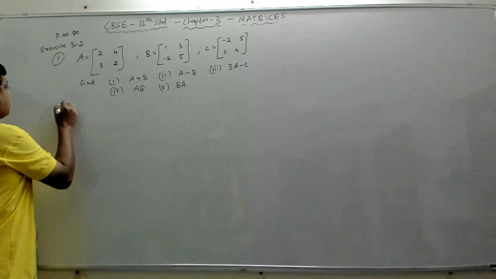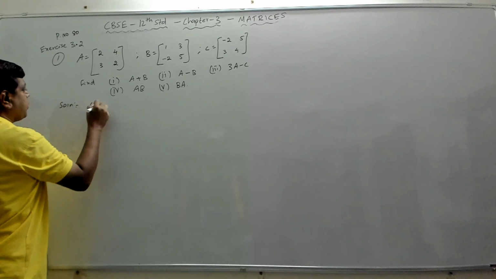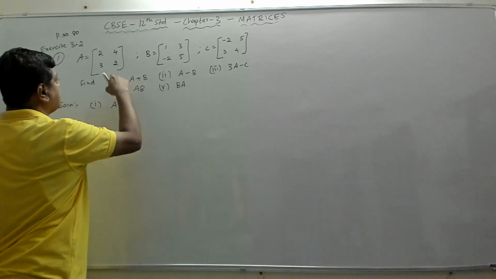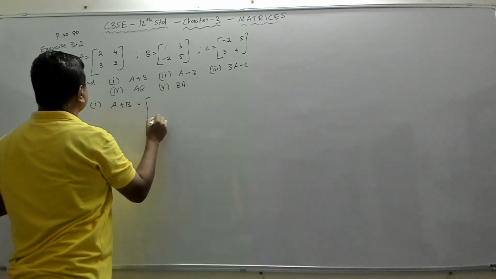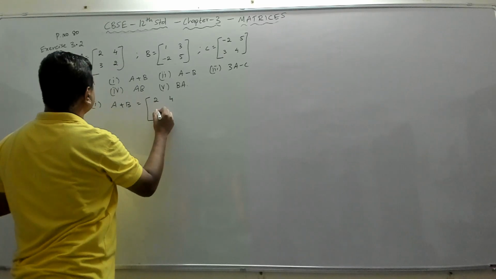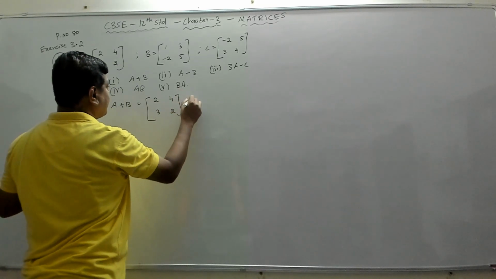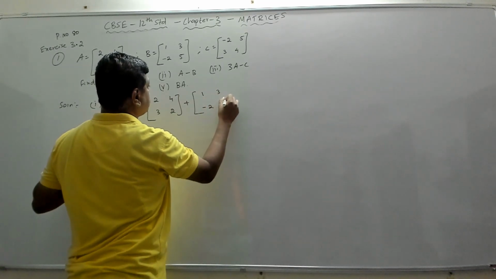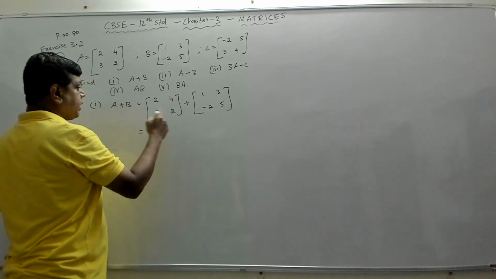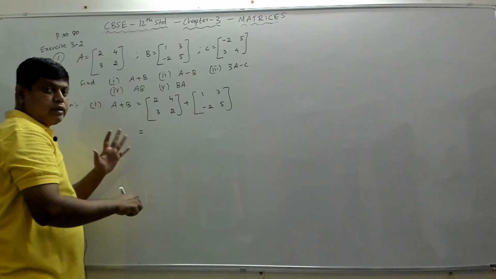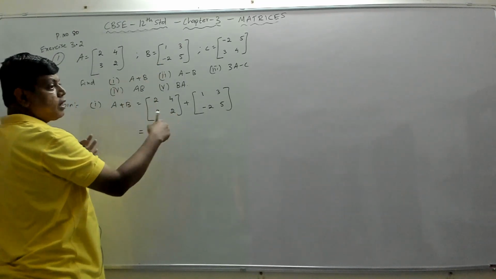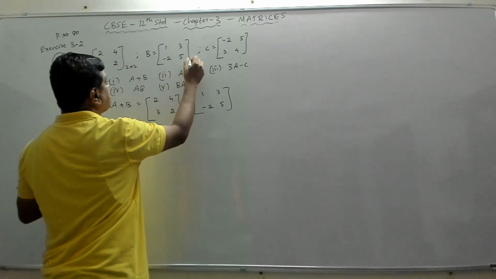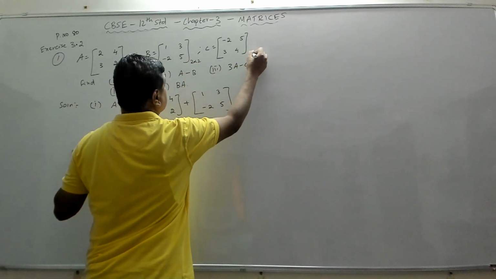So the solution is, for the first one, A plus B, which means we should add A and B, right? So A is 2, 4, 3, 2 plus matrix B is 1, 3, minus 2, 5. Now we can add both the matrices because the order is same. Only if the order of the matrices is same can we add two matrices. This order is 2 cross 2 because 2 rows, 2 columns, even C is 2 cross 2.